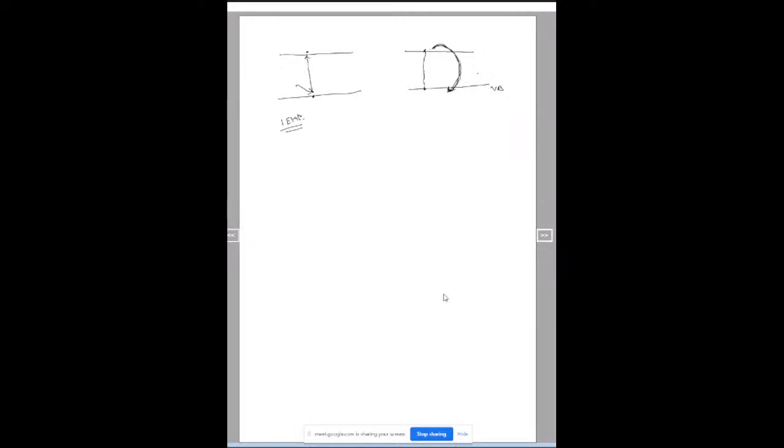Now, if it is a direct bandgap semiconductor, then this energy is released in the form of a photon or light, right? Whereas in an indirect bandgap semiconductor, where you have the conduction band here, this is released in the form of heat. That heat which is released in the process is absorbed by the lattice, which sets the lattice into vibration, and that lattice vibration is called a phonon.